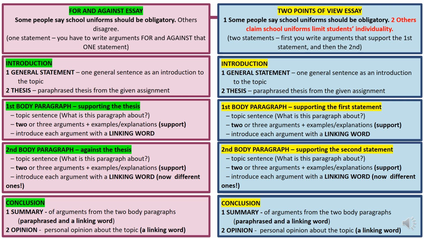Summary, in which you are going to summarize the arguments from the 2 body paragraphs. Please insert a linking word to conclude, to sum things up, or something like that. And don't copy your arguments. Summarize them, that means keep them short, and paraphrase them, use different words, use synonyms, antonyms, change the sentence structure.